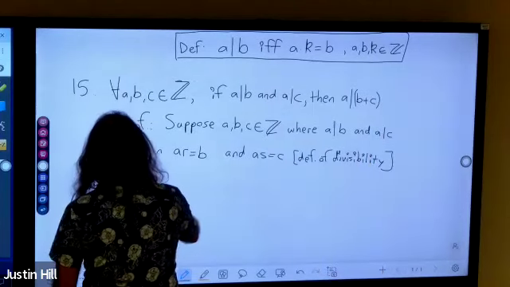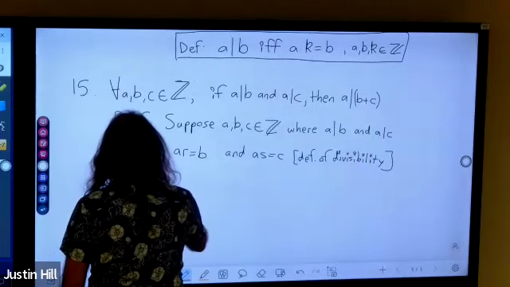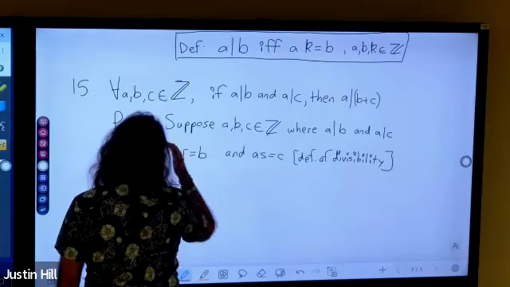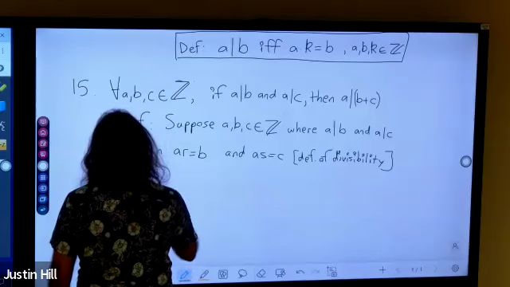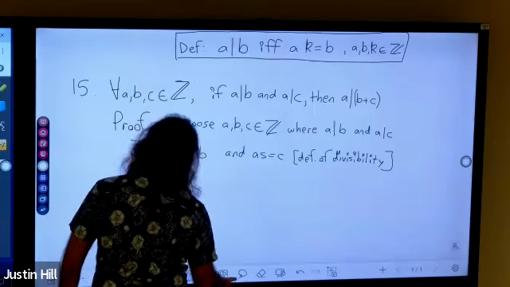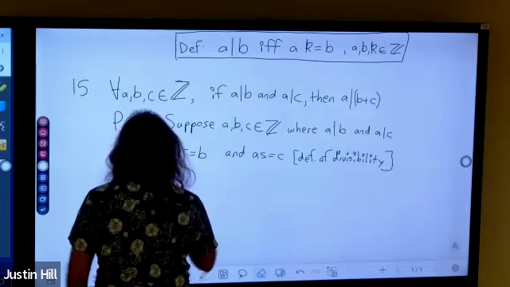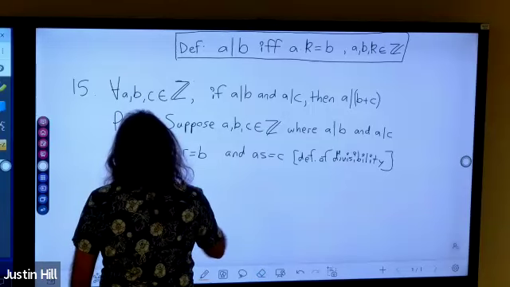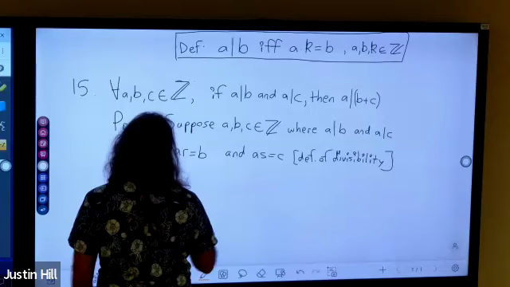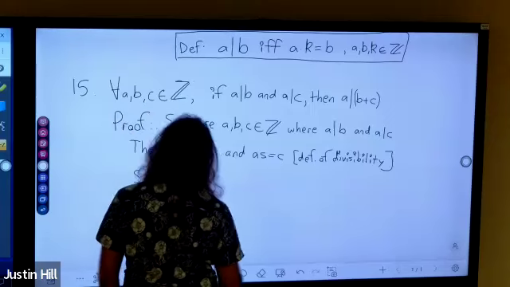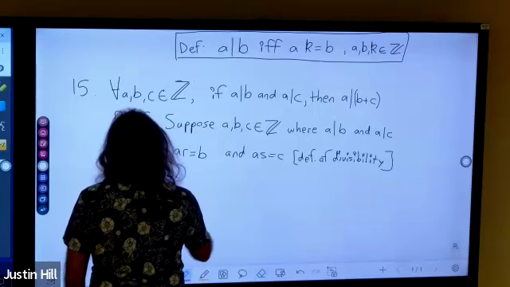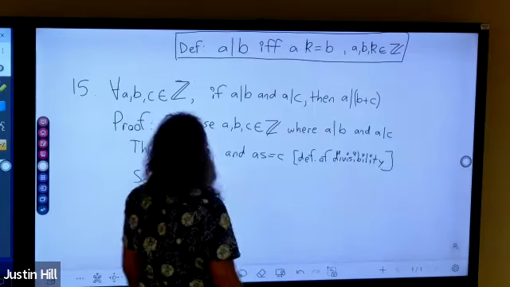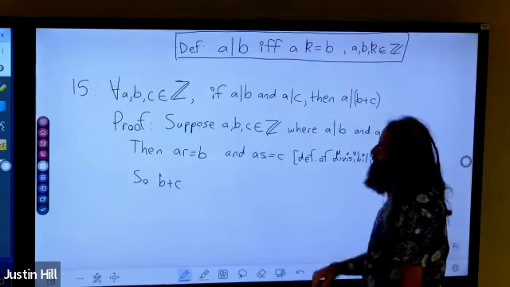So b plus c. I'm going to introduce this construction.